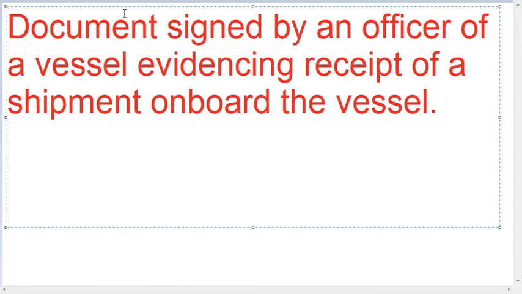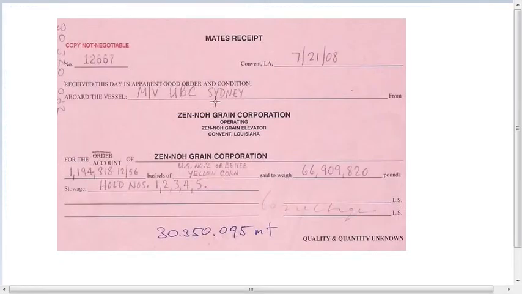It just shows that the goods have been received by them, but whether loaded on board or not is not given in this document. This point arises generally in case of bill of lading only. In airway bill and other documents, this is not a concern. This is the example of a mate's receipt. It nowhere shows whether the goods have been loaded on board or not.